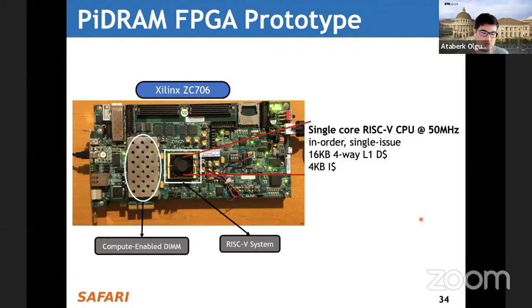What we did was to integrate this mechanism into PyDRAM. We implemented some random number buffers in the memory controller. We exposed it through the instructions that I presented at one point to the rest of the system, and we observed that we can generate random numbers at 8.3 megabits per second, which is comparable to what D-RaNGe already shows.